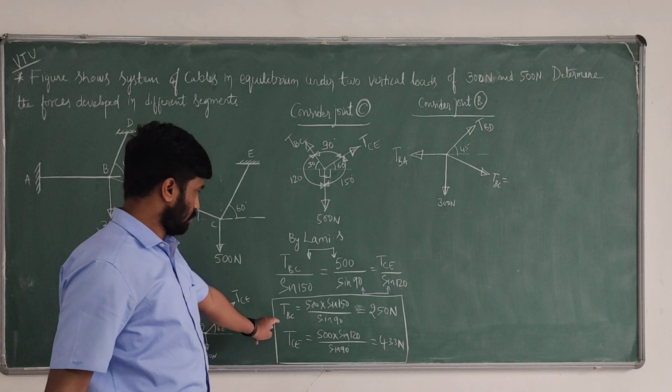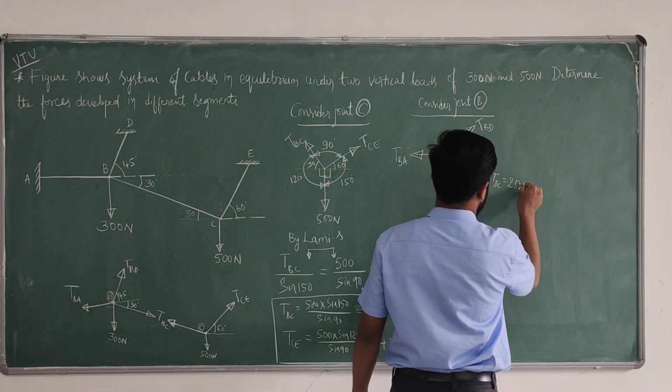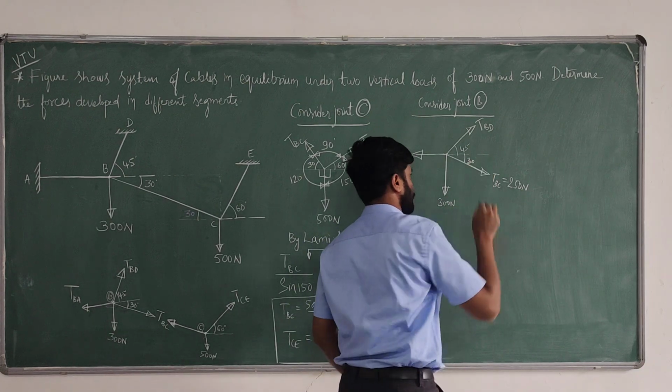TBC value is 250 Newton, and the angle is 30 degrees.